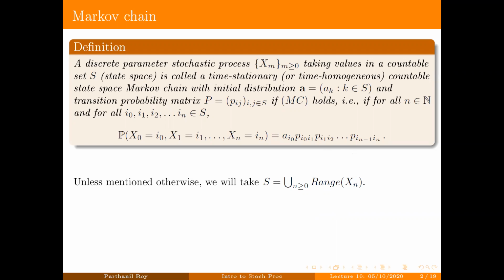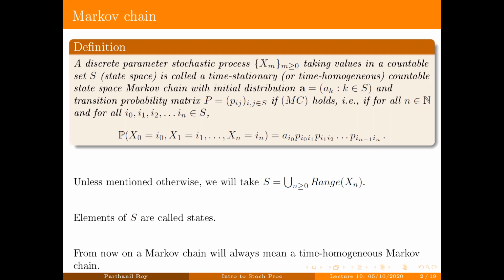We don't even mention that we are doing it, but this is assumed all the time. Any element in the range of any Xn is going to be our state, nothing else. And from now on, we'll always just say Markov chain. It will always mean the time homogeneous or time stationary Markov chain. Let this be our convention.